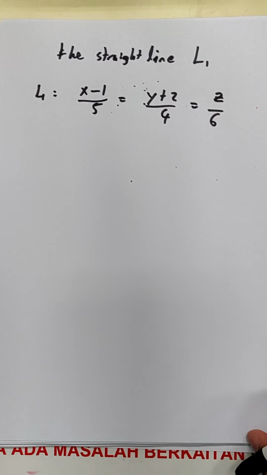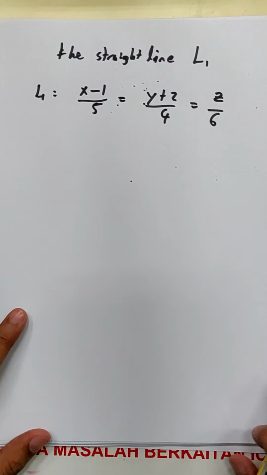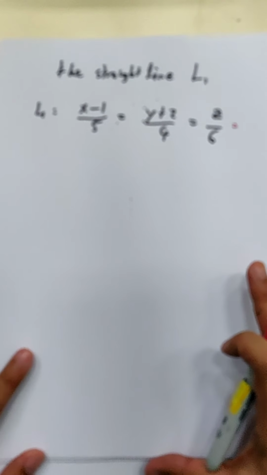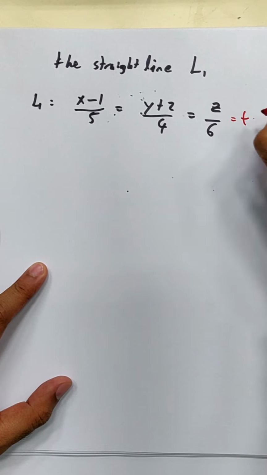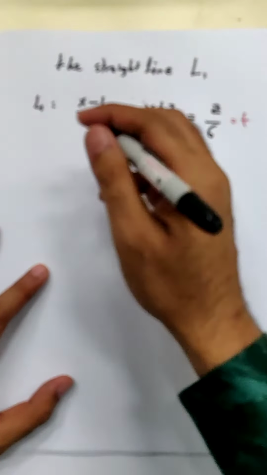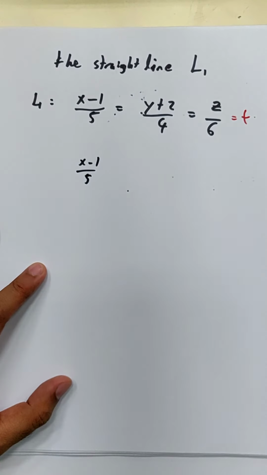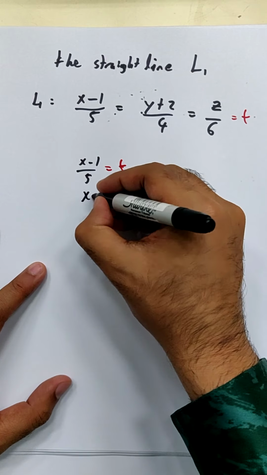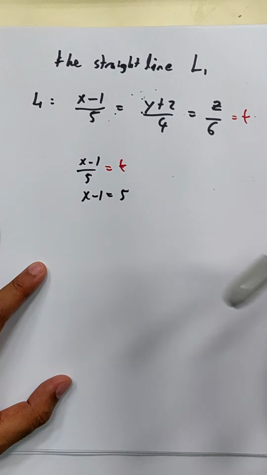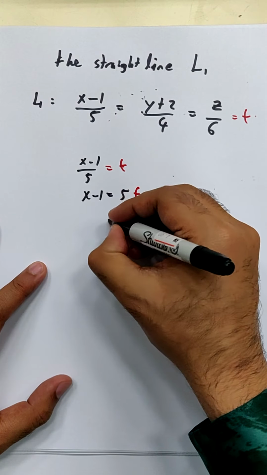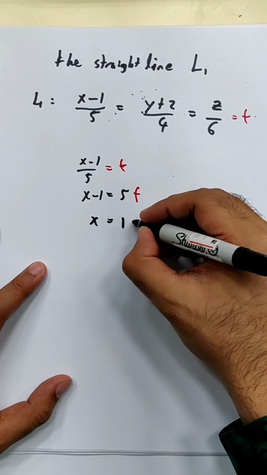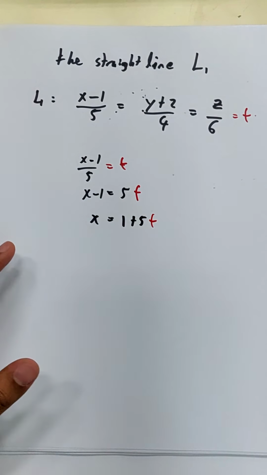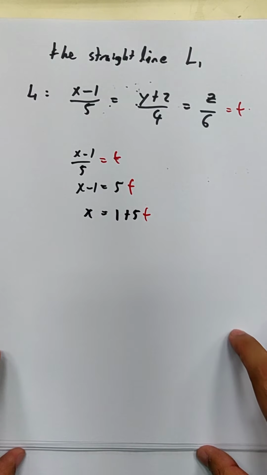Do you need help? Let us do one together. So this thing here equals what? Equals t. Right, so if it's too difficult for you, you can do them one by one. So (x minus 1) over 5 equals t. So what will I get? x minus 1 equals 5t. So x is 1 plus 5t. Can you do the other two on your own? Am I too fast, class?